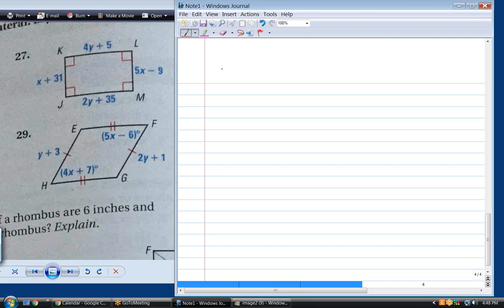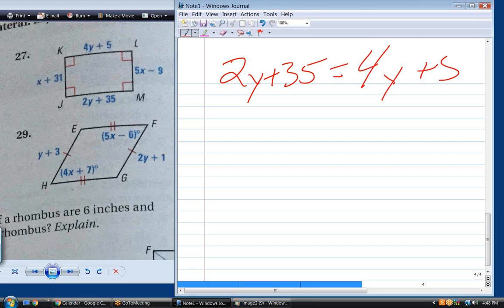What do you know about rectangles? They have two sets of parallel lines. And they're equal. They're not just parallel, they're equal. In other words, KL is equal to JM. So what equation does that translate to? 2y plus 35 is equal to 4y plus 5. Solve that quickly. Let me get a calculator, sorry.